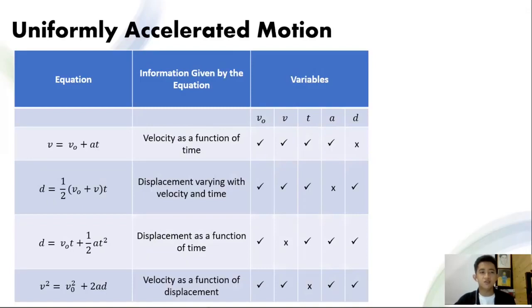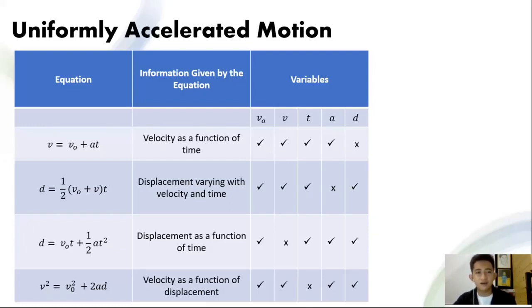The third equation gives us the displacement as a function of time. You will notice that the final velocity is not included. So if you're going to solve problems, we need to look into our fourth equation, where the given information is that the velocity is a function of displacement.